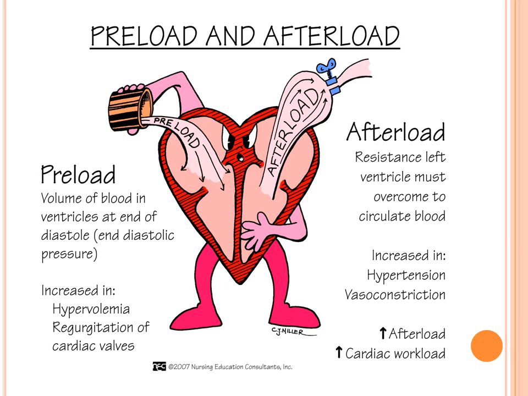So the normal stroke volume is somewhere between 50 and 60 cc's or milliliters, whatever you want to call it. Okay? And stroke volume is the amount of blood that is pumped out every time the heart beats. That is stroke volume.